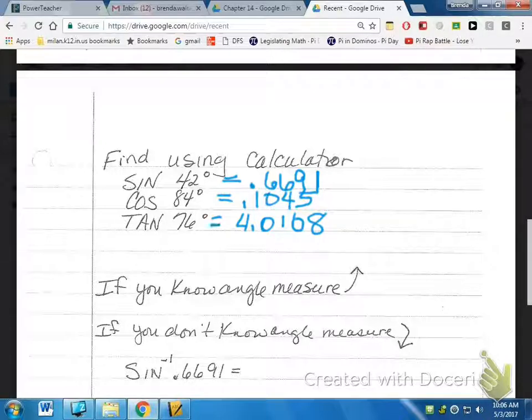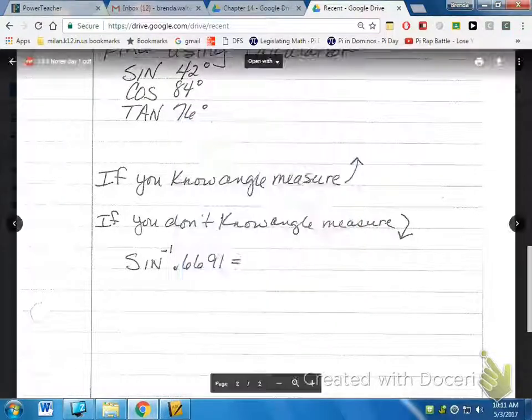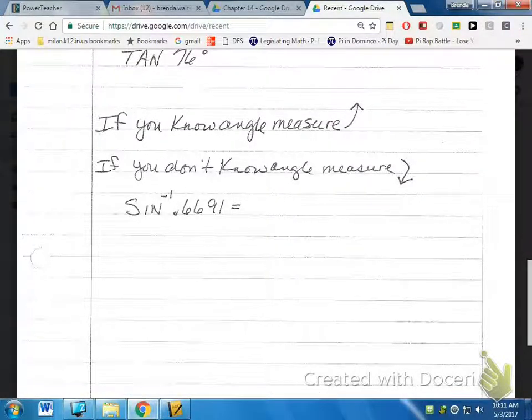You're going to go 4 decimal places on these. And that one, for 4 decimal places, the 7 would round up to 8. So if you know the angle measure, you just simply hit sine 42 degrees or cosine whatever. But there will be problems that we'll be working on tomorrow and in the future that you don't know the angle measure, but you know the trig ratio to it.